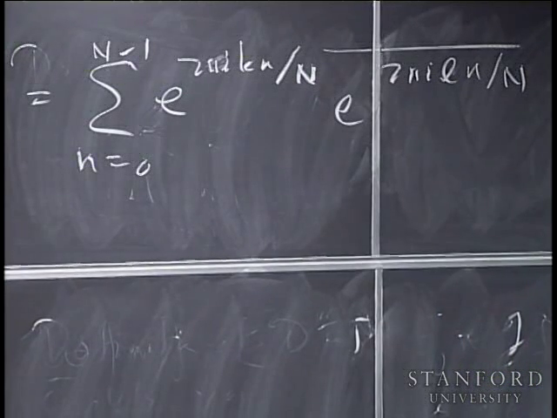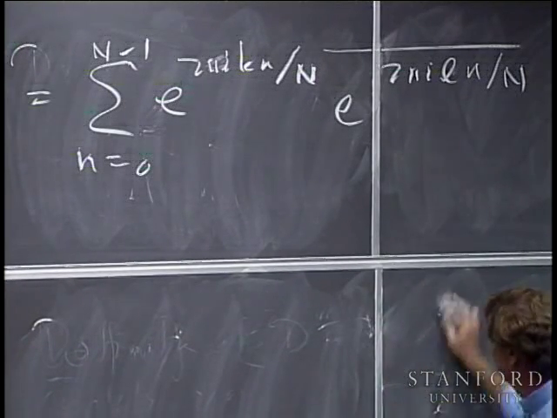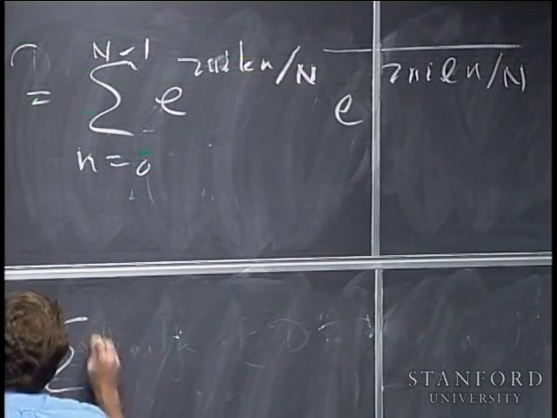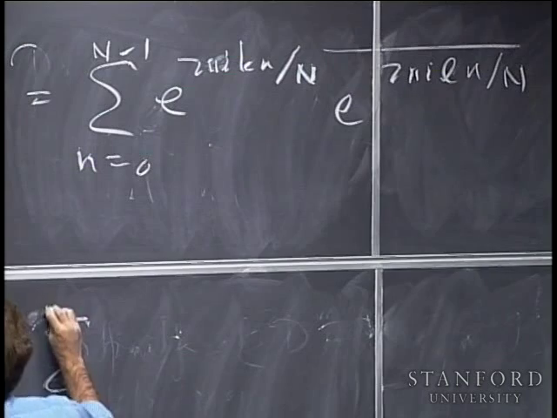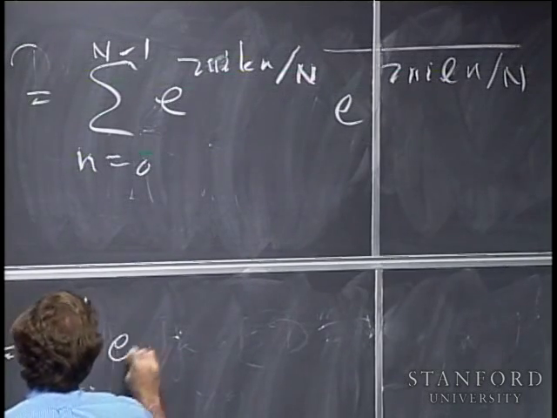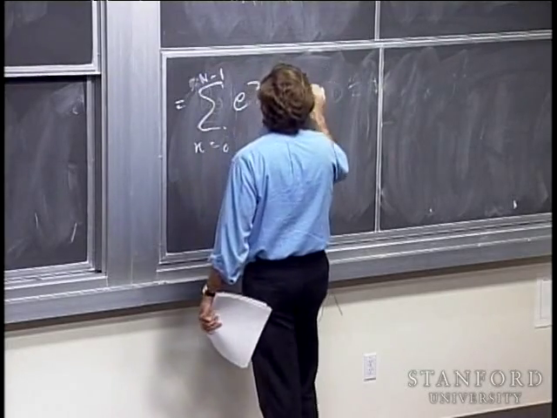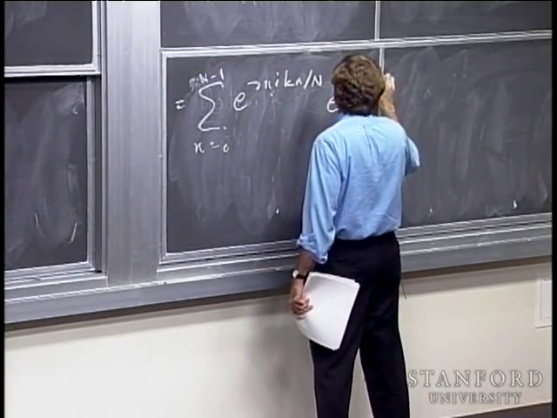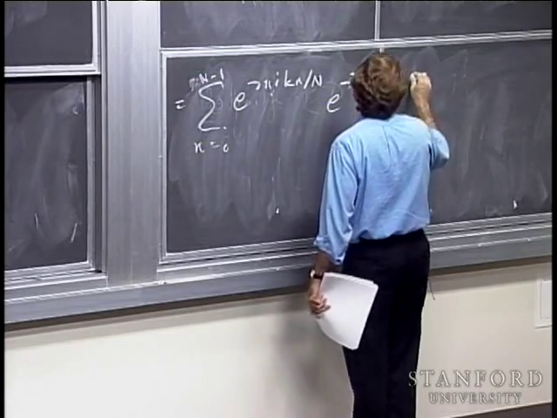Keep me honest on my algebra here so I don't make any slips. So that's the sum from n equals 0 to n minus 1 of e to the 2 pi i k n over n times e to the minus 2 pi i l n over n.